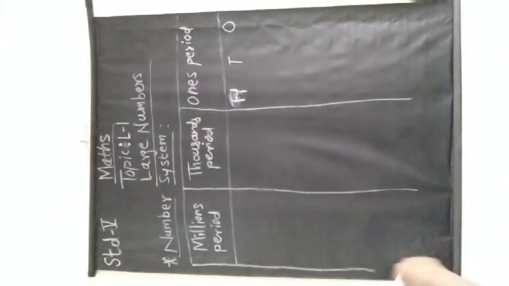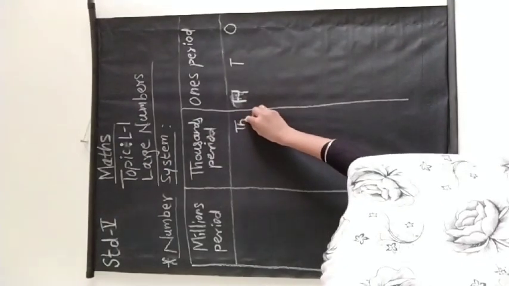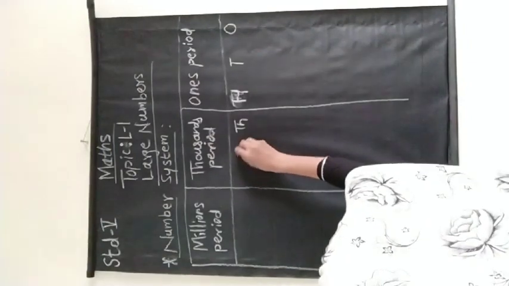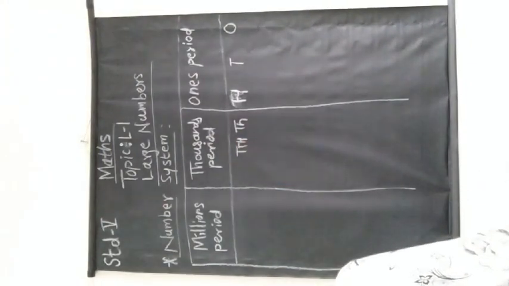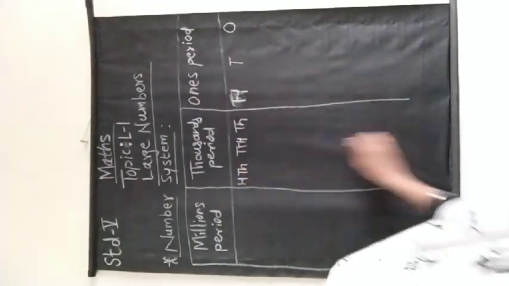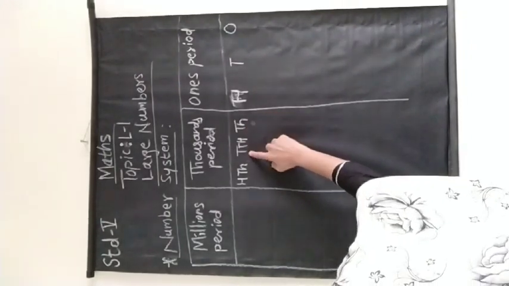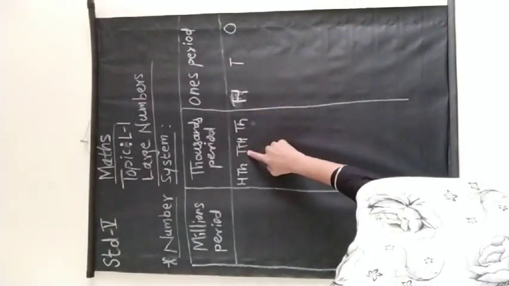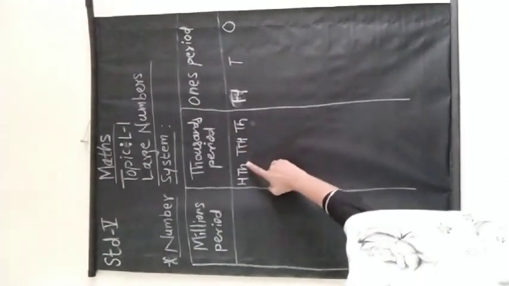And in the thousands period, which are there? Thousands, then 10,000, then after 10,000 comes 100,000. Now this TH stands for thousand, TTH for 10,000 and HTH means 100,000.